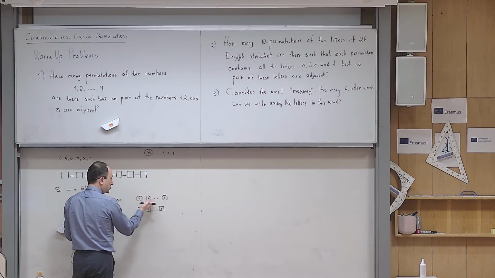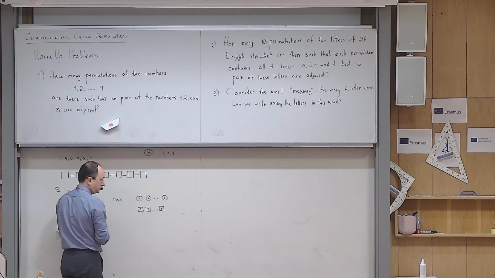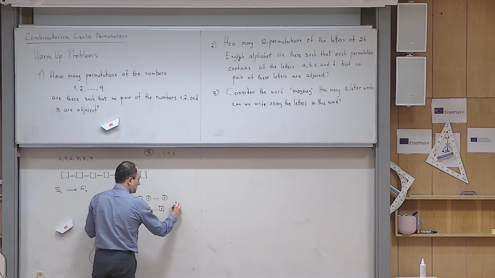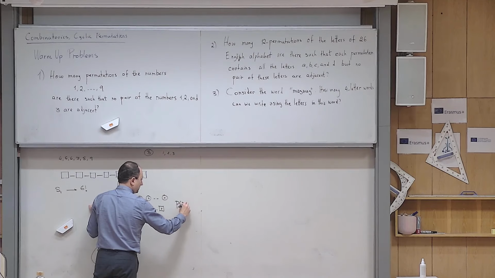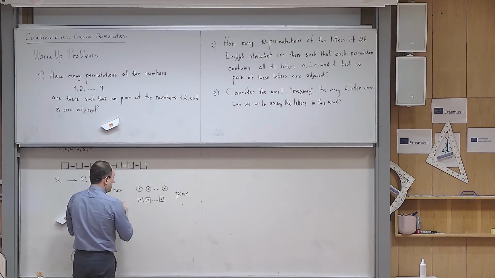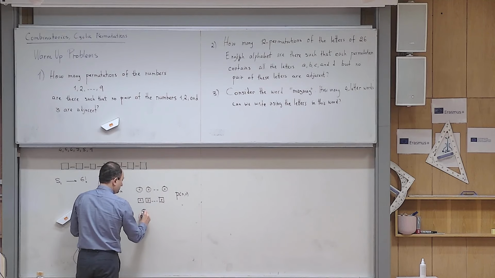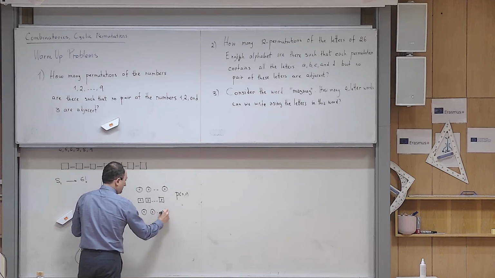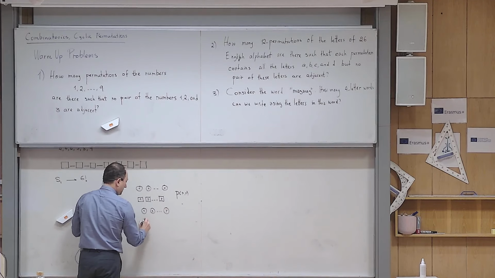I want to put these marbles in the boxes in a way that each box receives exactly 1 marble. The number of ways that I can do it is P(n, r). On the other hand, if the number of marbles is r and the number of boxes is n.